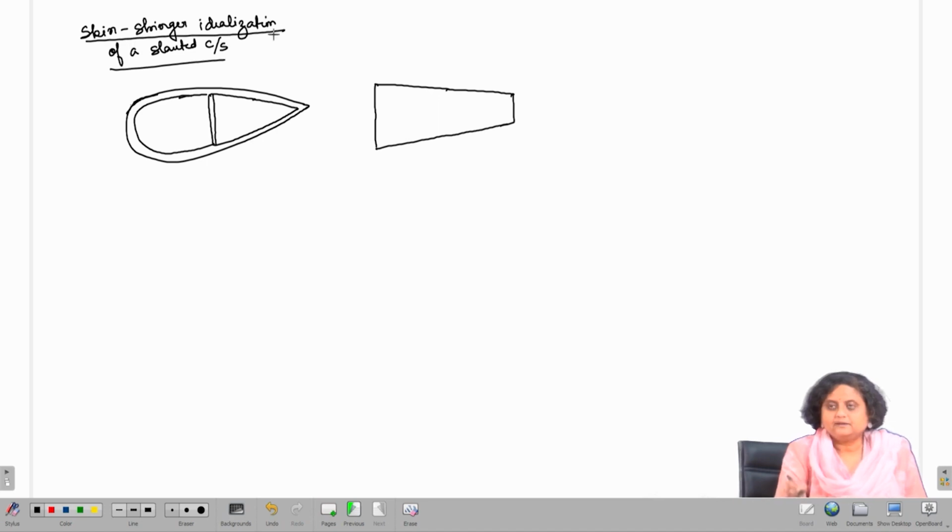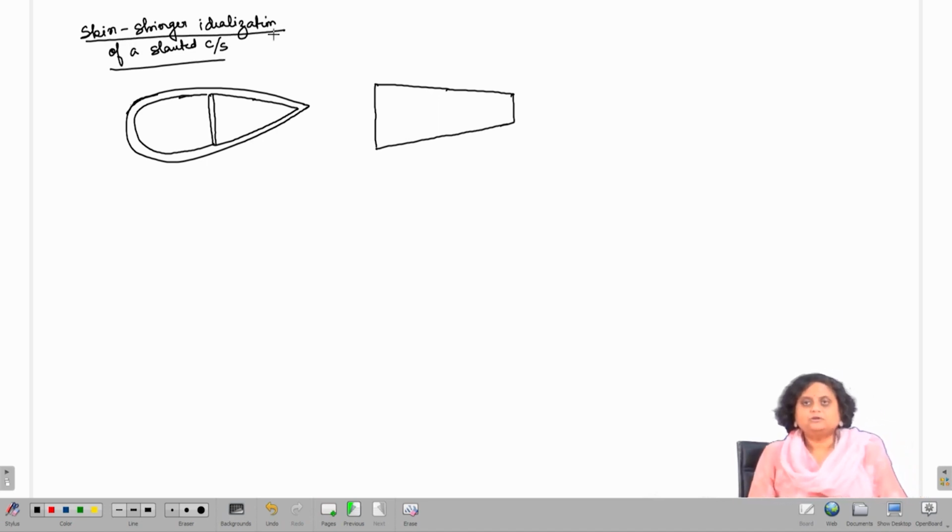Often the aircraft components, so the last example was a very simplified example where we had a nice regular rectangular cross section. But as you are aware, many of the aircraft components are not that simple rectangular symmetric cross section. We often encounter an aerofoil kind of shape.